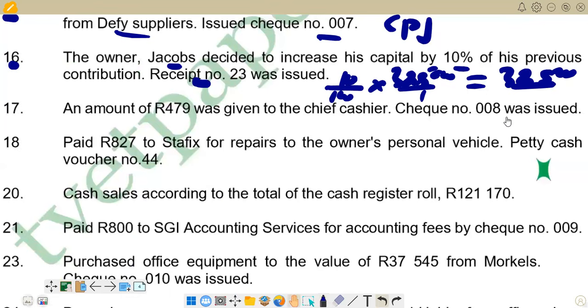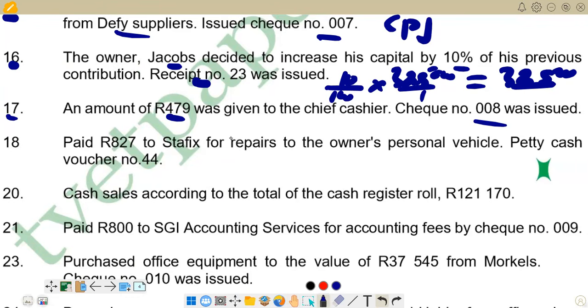Whenever we give money to the cashier, it falls under the cash payment journal. So our amount is 479, on day 17, document number 008.